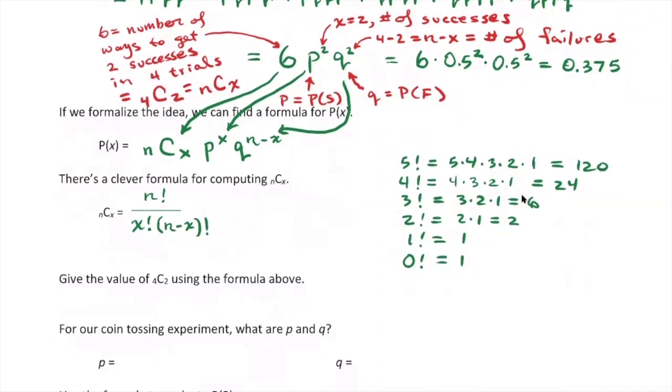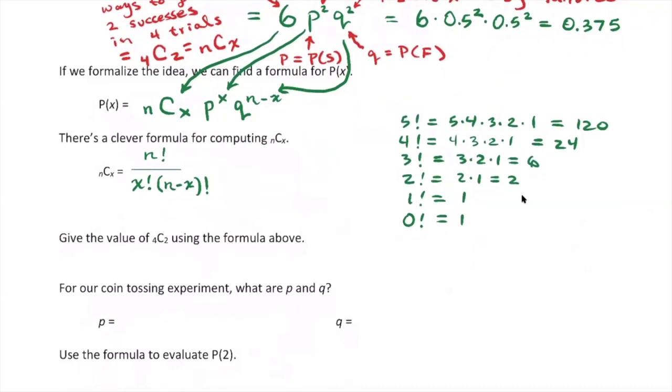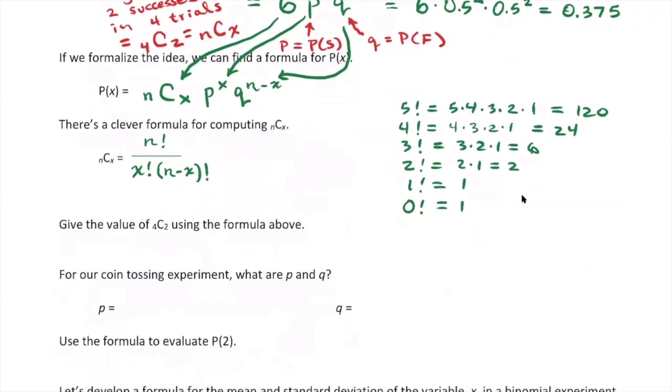Now, to compute 4 choose 2, you would do this. 4 choose 2 is 4 factorial over 2 factorial. That's the number of trials on top, the number of successes, and the number of failures, 4 minus 2 factorial.